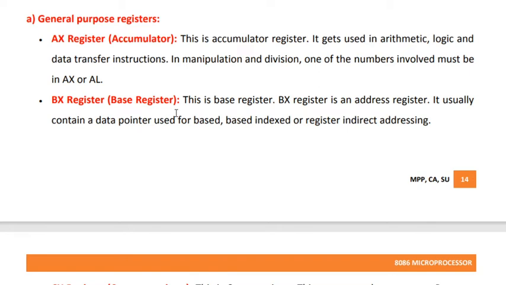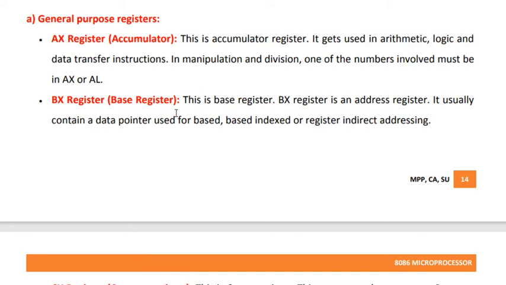The accumulator register is used while performing arithmetic, logical, and data transfer instructions. It is also used in multiplication and division instructions to store the operand.